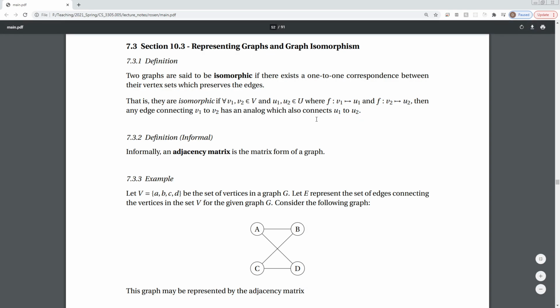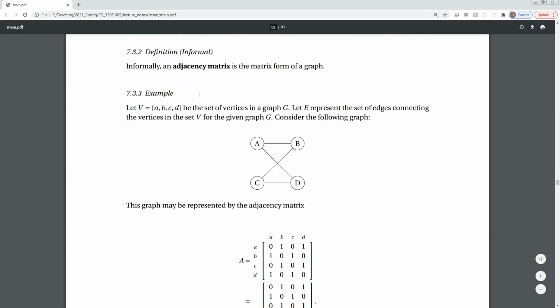So this is by definition. We haven't done anything other than say that we can imagine such a thing, and when we do it, it's called an isomorphism.